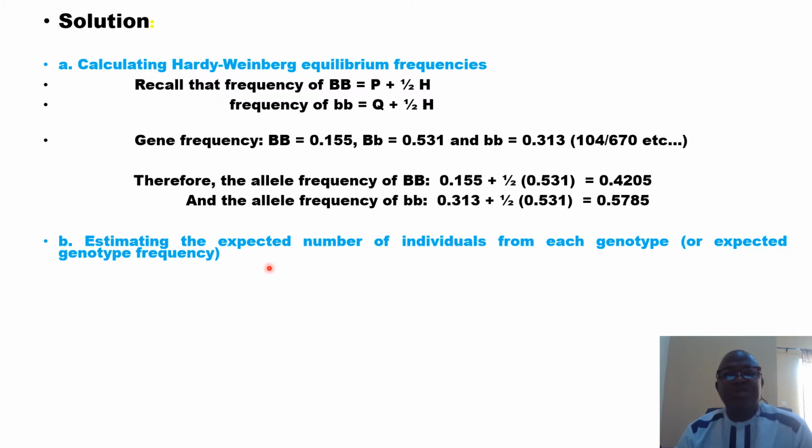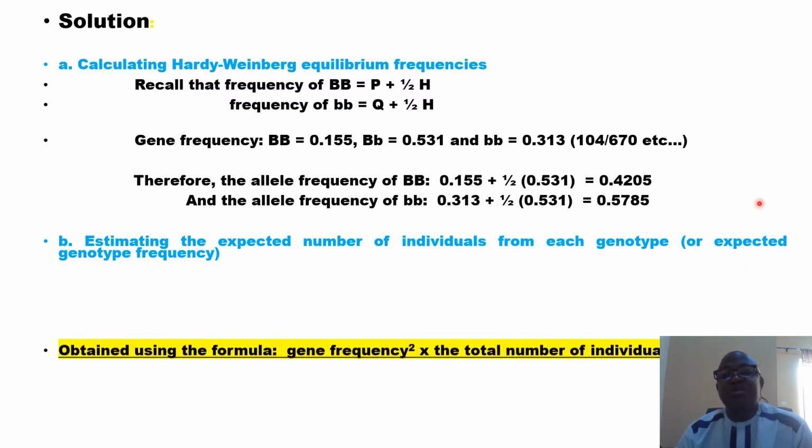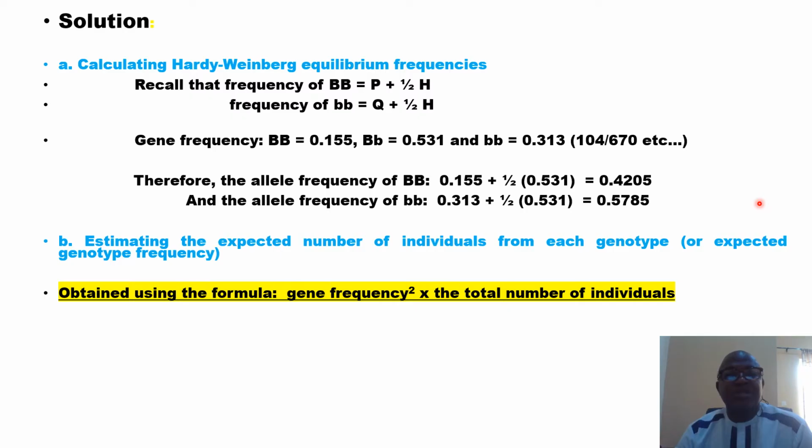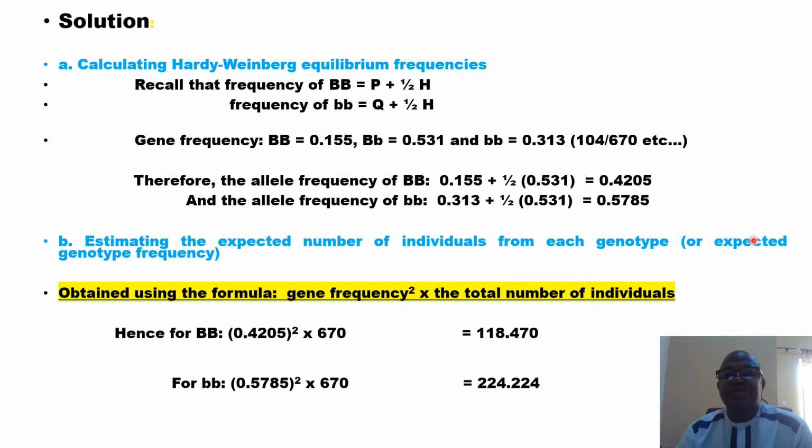Now we want to estimate the expected number of individuals for each genotype, not what we counted, but what we should expect. This can be obtained using the formula: the square of the gene frequency times the total number of individuals. For BB, we square the gene frequency times 670, which gives us 118.47.